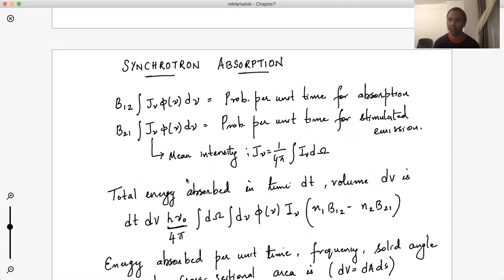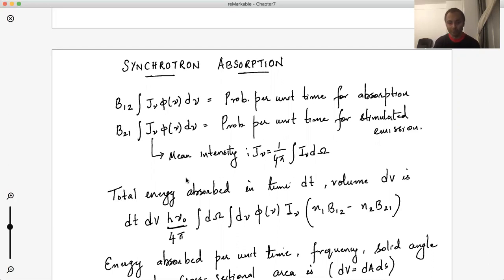Even though we are talking of classical radiation mechanisms, the basic idea of three types of processes, photoabsorption, stimulated emission, and spontaneous emission, is fundamental enough that you can apply it even to classical radiation processes. So we would be using a quantum description to arrive at a classical absorption coefficient. I want to present this formulation because it is more universally applicable and not just for synchrotron absorption.